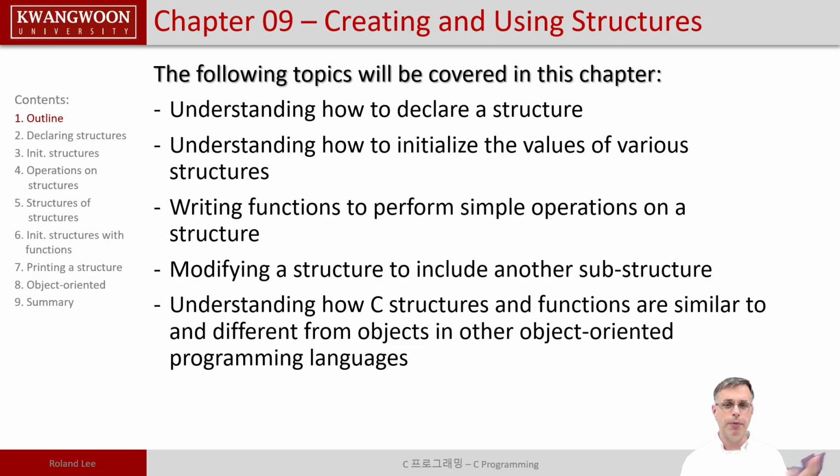Then topic number 3, writing functions to perform simple operations on a structure. Number 4, modifying a structure to include another substructure. Number 5, understanding how C structures and functions are similar to and different from objects in other object-oriented programming languages. Let's get started.